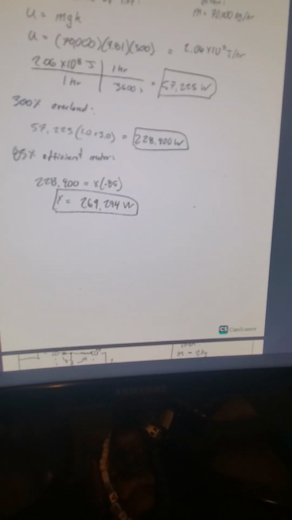For 5, this is the ski lift one. Definitely overcomplicated this one to start, but pretty simple. So we're trying to calculate the average power, which is in watts, because watts is joules per second, which is what we're looking for.